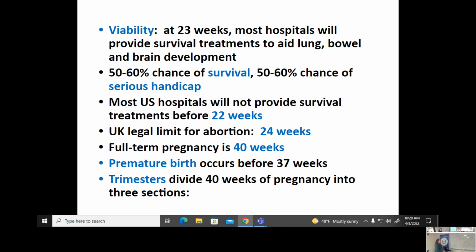Some countries have their abortion regulations line up with the first trimester. Trimester is kind of like, let's arbitrarily divide pregnancy into thirds and just say first third, second third, and so on.